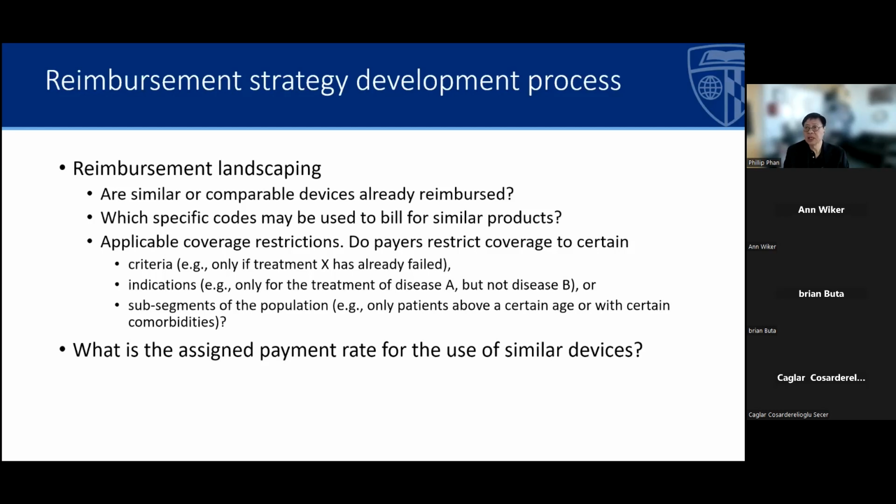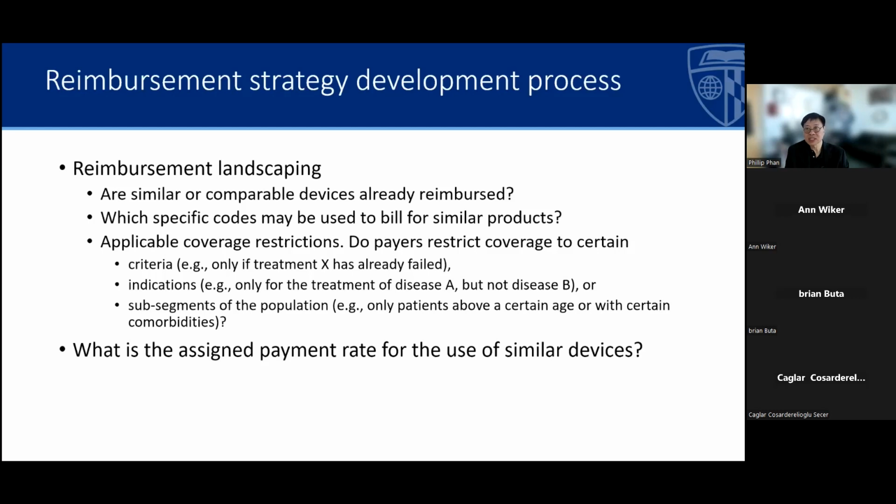Then the third piece is the applicable coverage restrictions. Under the information that you get from looking at these codes is, number one, the criteria, right? So for example, certain kinds of drugs or certain kinds of therapies are only covered if it's an adjuvant, or if it's a progression from a simpler or a less invasive or a less risky therapy.